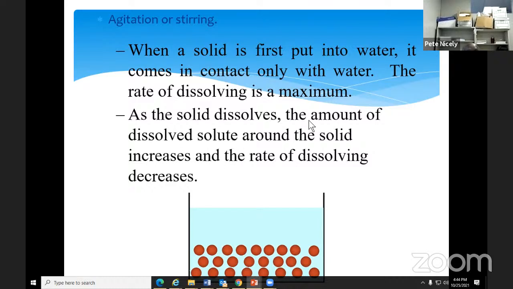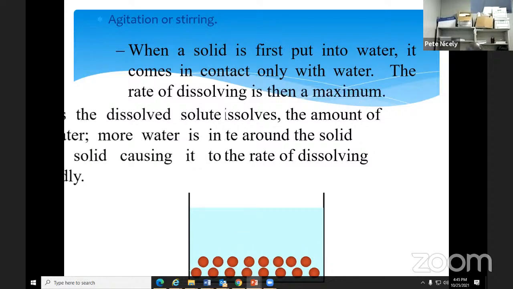The reason you stir is because you want to increase the amount of contact between the solid surface and the solvent. So as stated here, as the solid dissolves, the amount of dissolved solute around the solid increases, and then the rate of dissolution decreases, all right? So that's what happens when you have the solute going into solution.